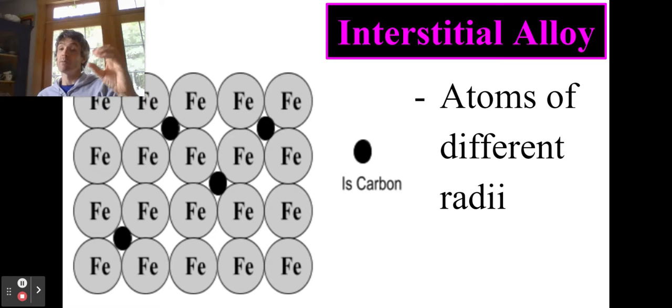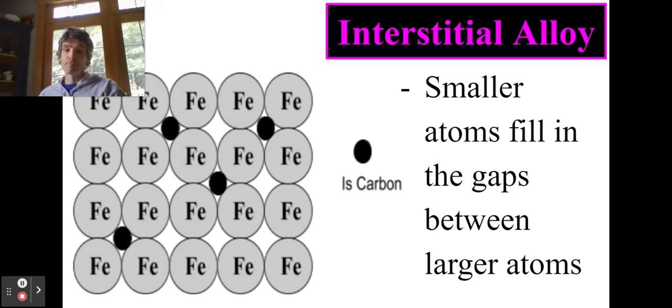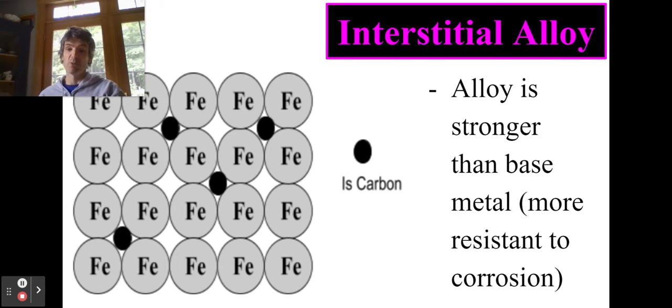You usually have one big atom and one small atom. Now the reason they do this: here you've got this stainless steel, and this rusts, but stainless steel won't, because the mixture of the atoms makes it rust resistant.